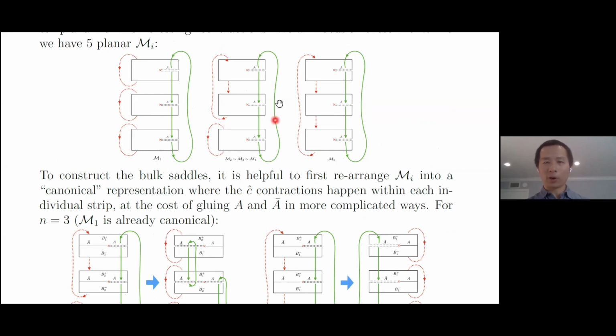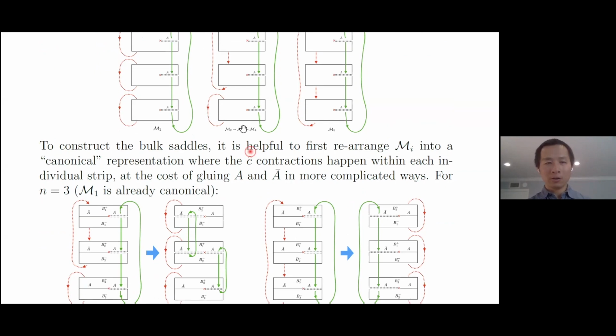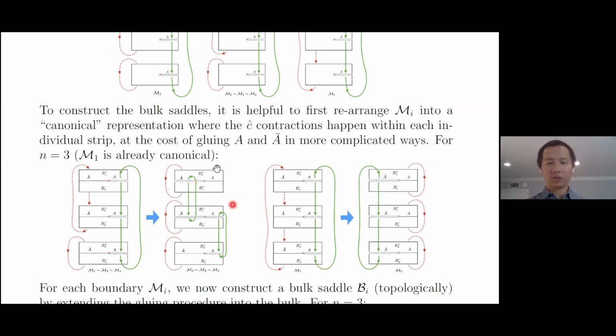M2, 3, 4, denoted by this middle picture on the top, will have to be arranged into the left panel of the bottom picture, like this, where the green lines denote how we glue A and A bar among the different copies. But the contraction for C hat is always within each strip. This is just a reorganization of the gluing procedure. It's topologically completely the same.